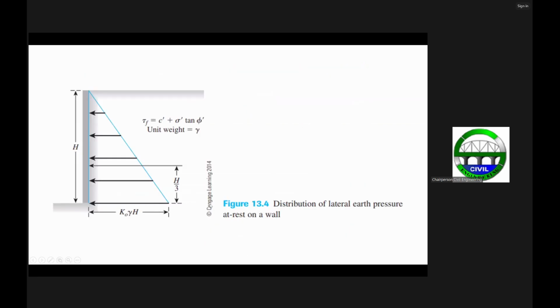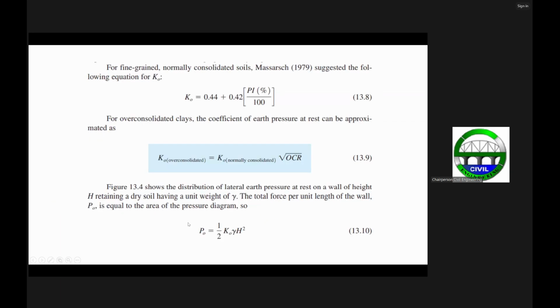This is just the area of the pressure diagram. So this arrow here is now your P sub O. That's the total force per unit length of wall.